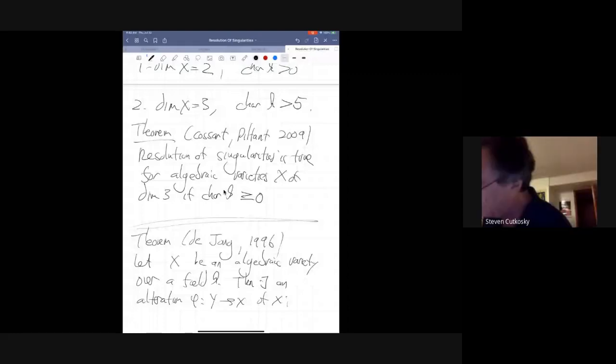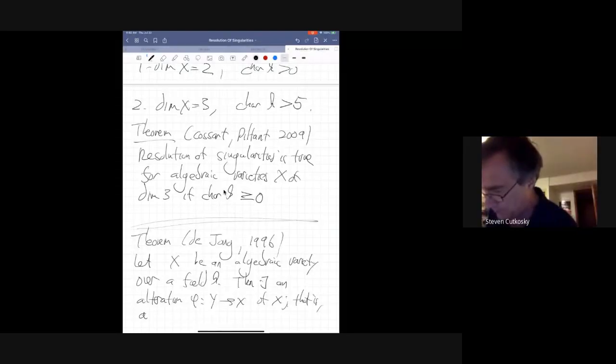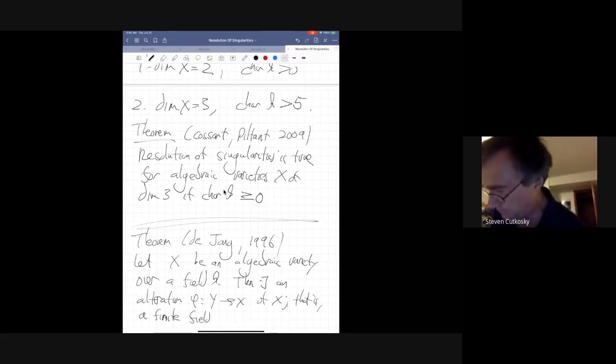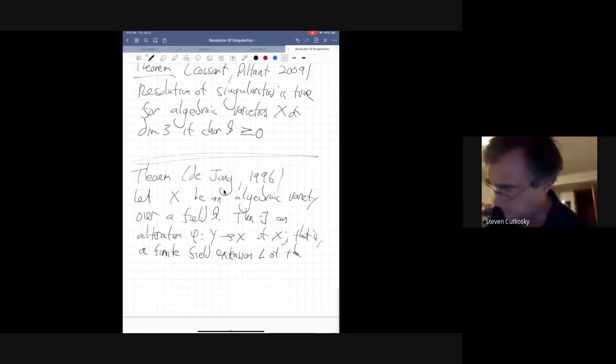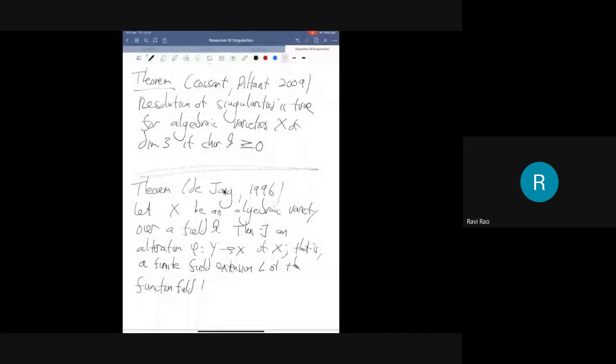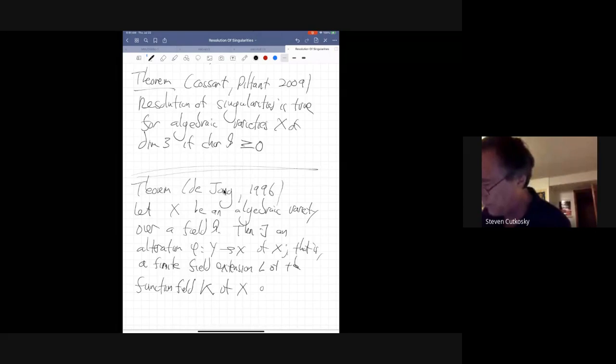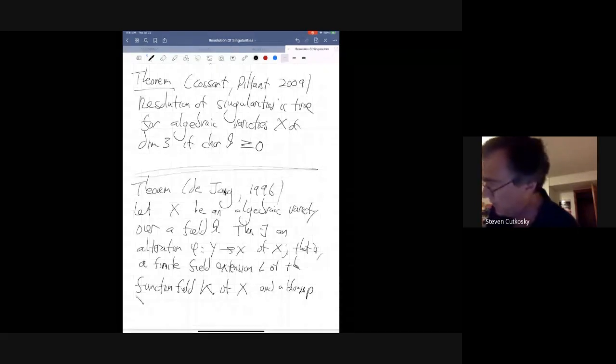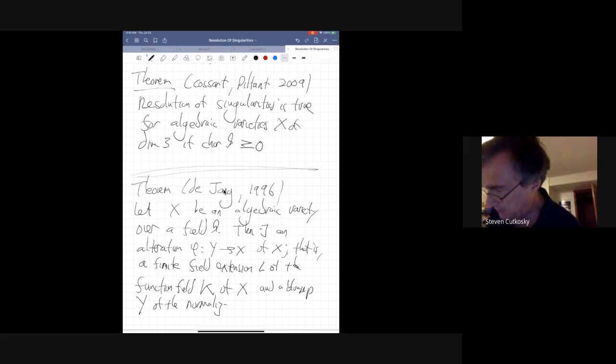That is a finite field extension L of the function field K of X and a blow up Y of the normalization of X in L, which is non-singular.